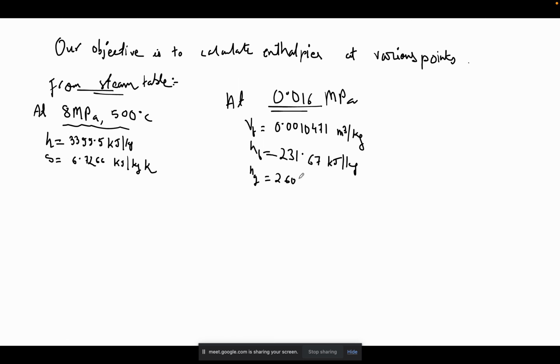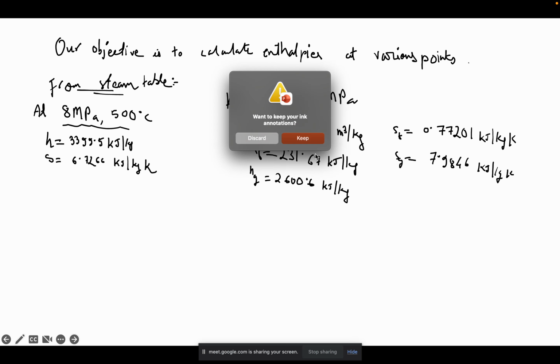Your Sf is equal to 0.77201 kilojoule per kg Kelvin, and your Sg is 7.9846 kilojoule per kg Kelvin. Okay, let me cross check it.